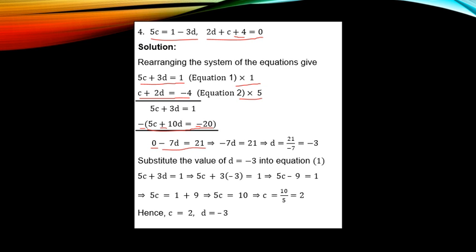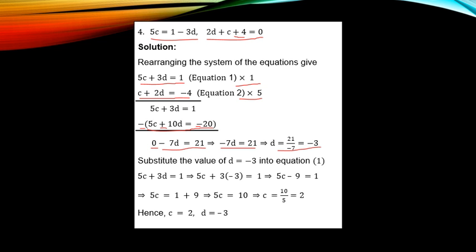So you have minus 7d equal to 21. Divide both sides by minus 7 in order for d to be obtained. So d is equal to 21 over minus 7, and that is minus 3. So the value of d is minus 3.